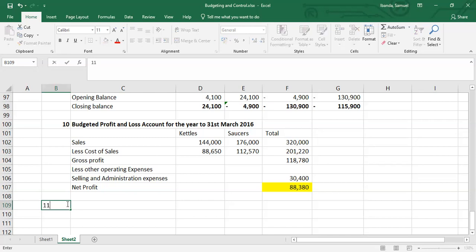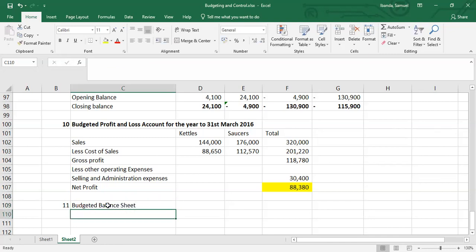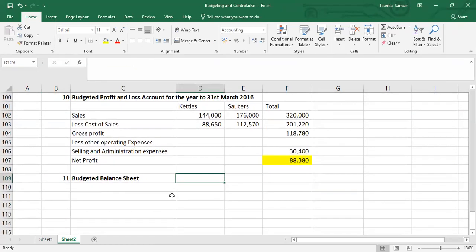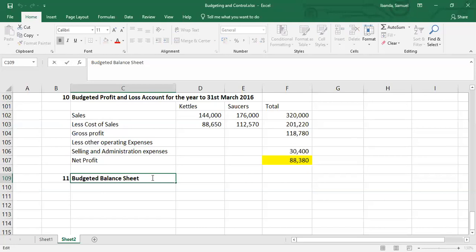So I'll call it part 11 and call it the budgeted balance sheet, and this will be as at 31st March 2016.